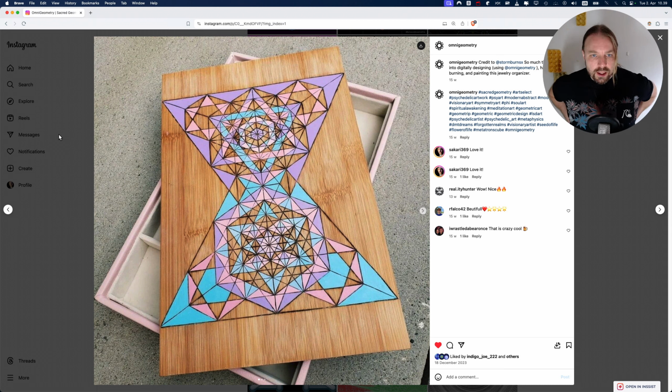Here we see again the Star of David formation coming together, but I like what Stormburns X has been doing in this physical piece. She has been taking the design out of OmniGeometry and putting it into physical form. I like this upper form here, reminds me of the eye looking at you, being aware.